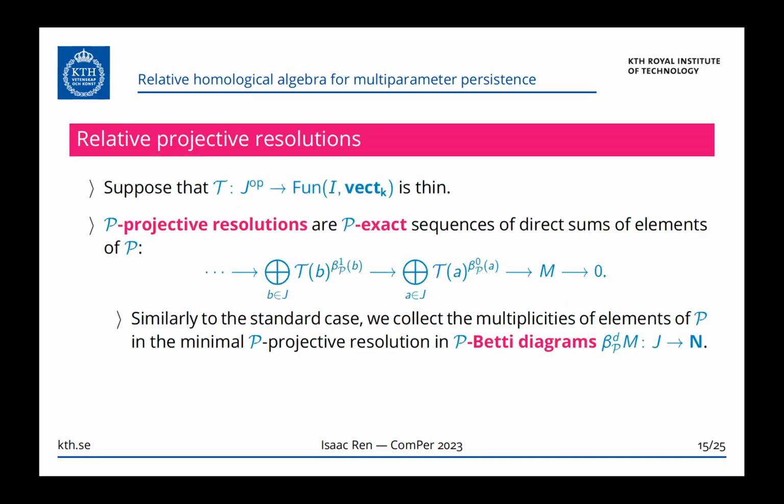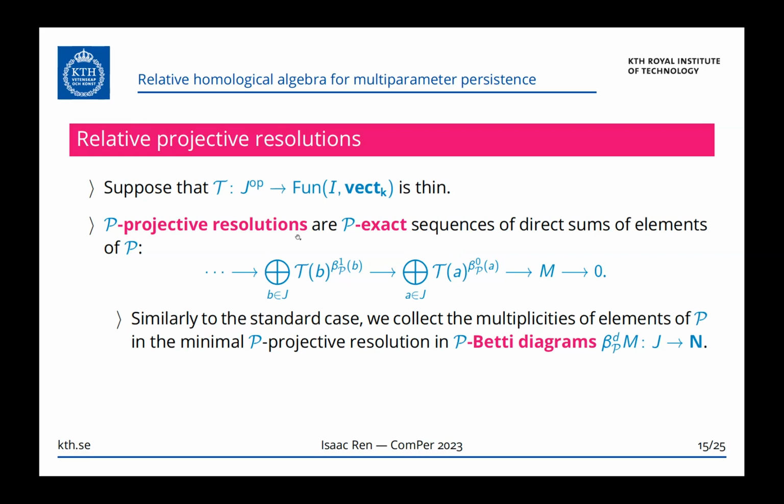In this situation, the general notion of relative projective resolutions becomes a bit more concrete. I haven't really defined what relative projective resolutions are, but they look like this. They're sequences of the form M and then some other functors. And when T is thin, we have direct sums.